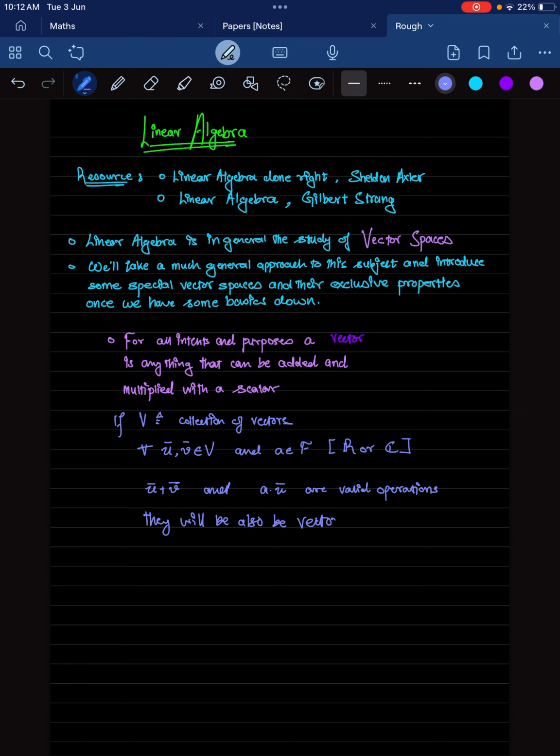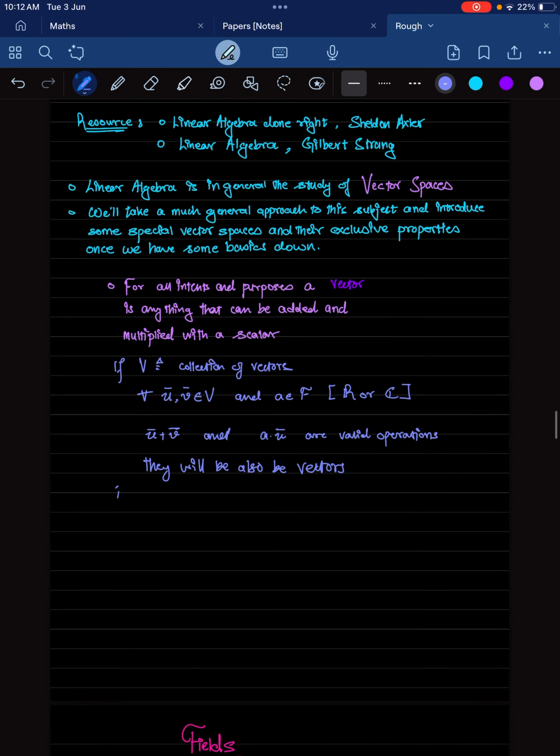If V is a vector space over F, now I'll come to the definition of what is a vector space over F, then u plus v and a times u will also belong to V. It will also belong to the collection of vectors.